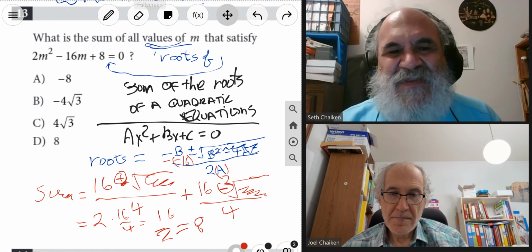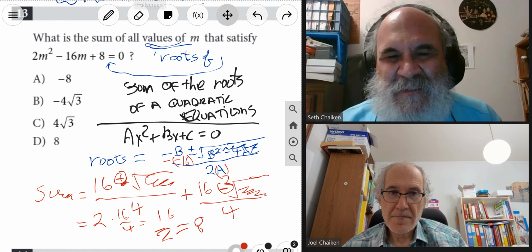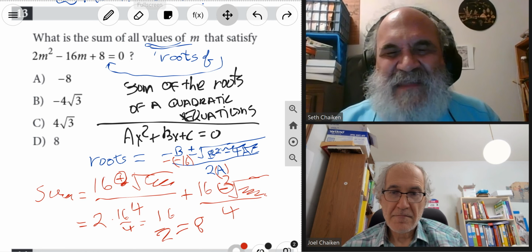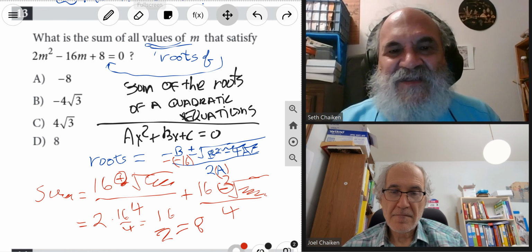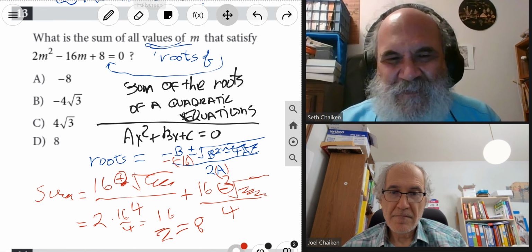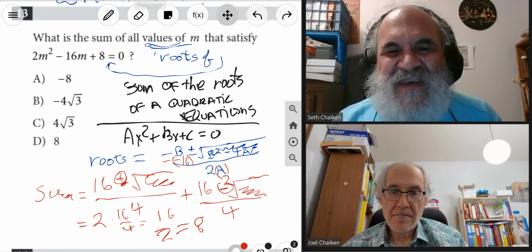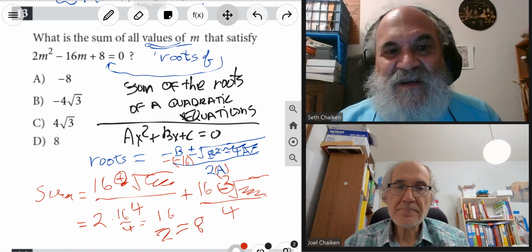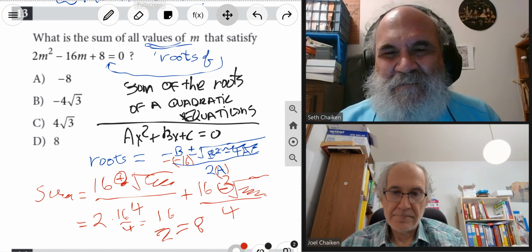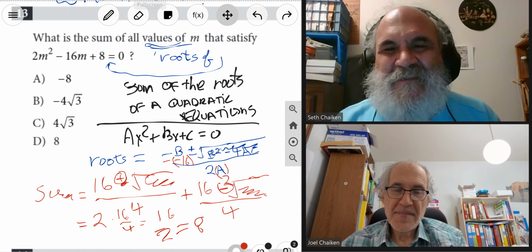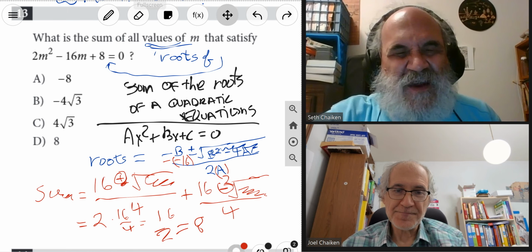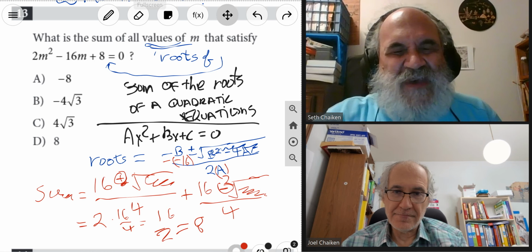So if you didn't remember that the sum of the roots is minus b over a, but you did remember the quadratic formula, you might think of adding the two roots together without wasting time computing or simplifying the number in the square root. Don't give up that quickly.